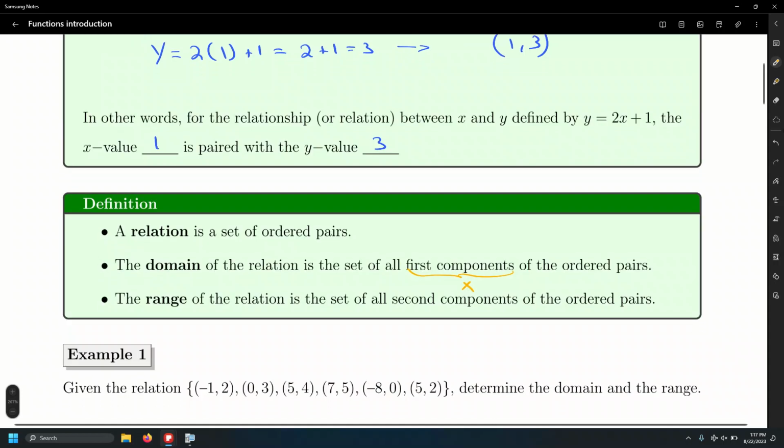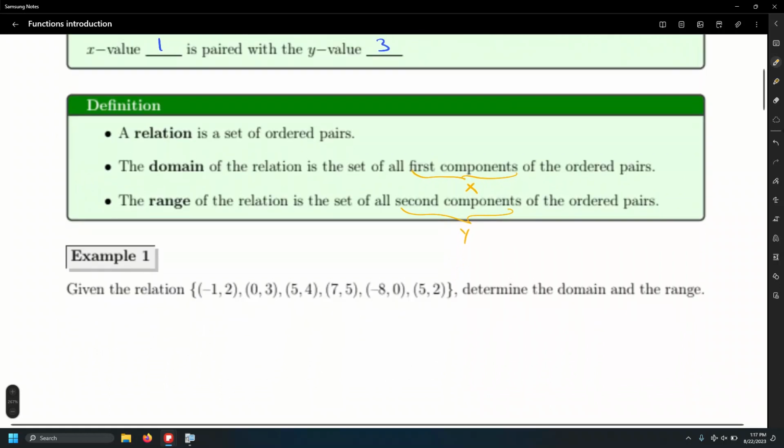And the range of the relation is the set of all second components of the ordered pairs, that is, the y components.